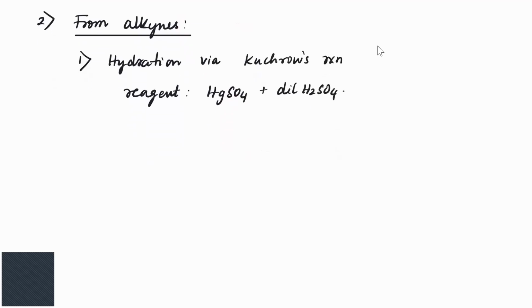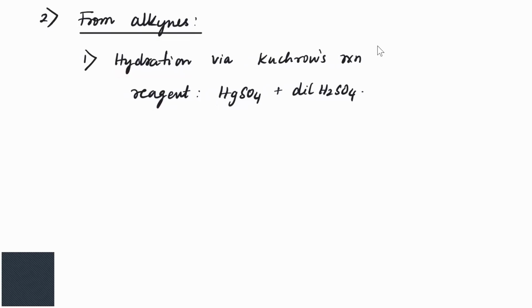Next is from alkynes. We can use hydration via Kucherov's reagent. We can get aldehydes or ketones. So if you have CH triple bond CH and you treat this with HgSO4, it will give you CH=CH and a mercuric bridge here, Hg2+.